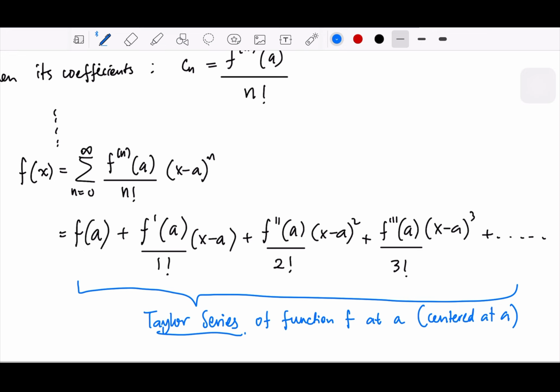For example, you can have the exponent, or some trigonometric functions. Because if you remember the sine or cosine, when we derive, it will be only between sine and cosine, right? So we can have sine, cosine. And later, we can try some examples on how we can deal with the Taylor series.